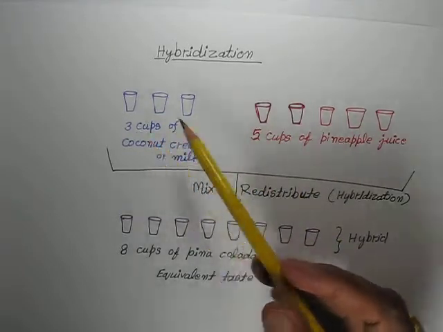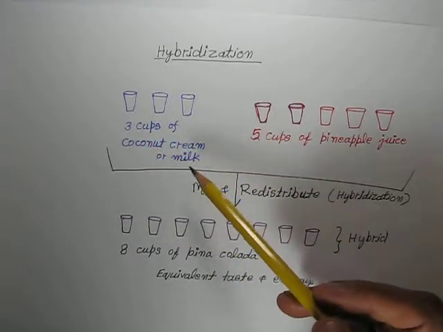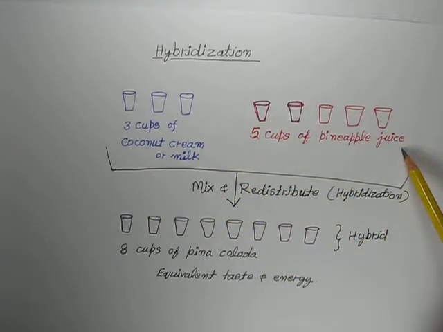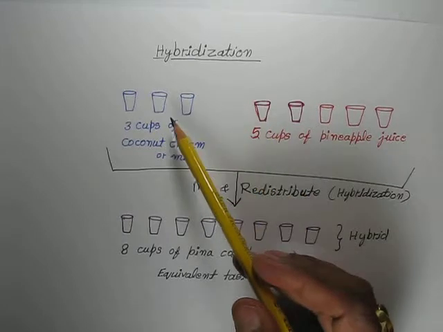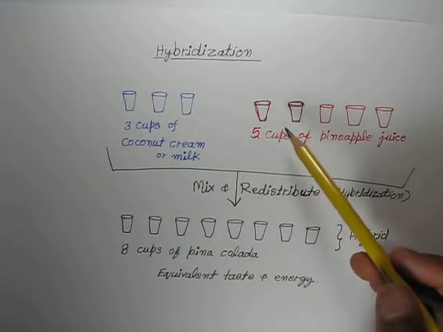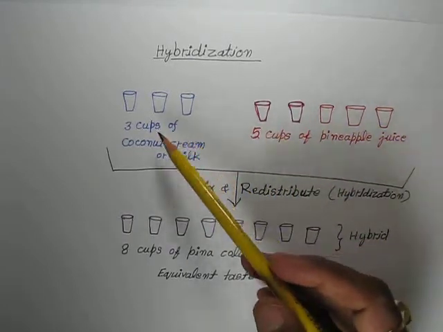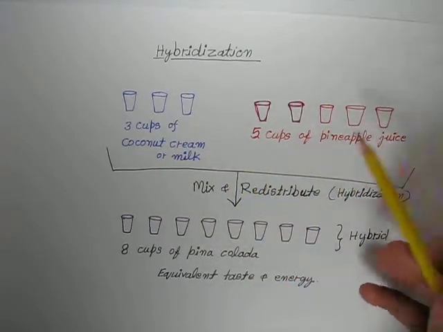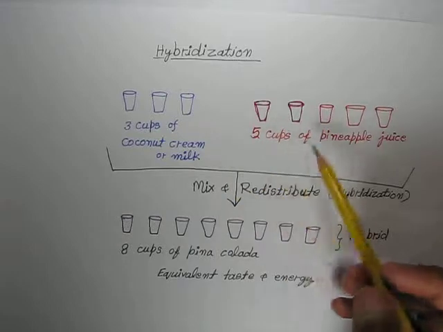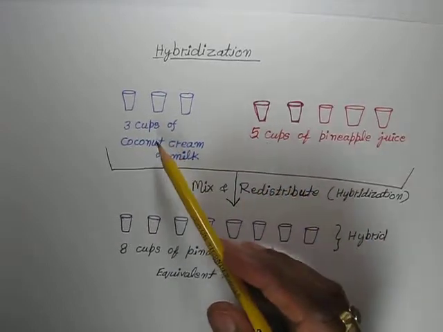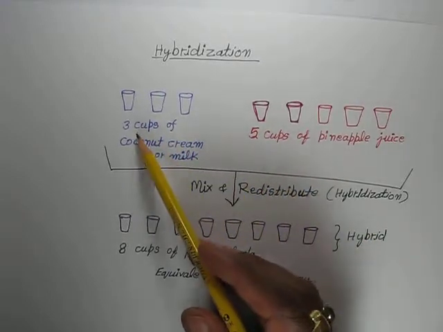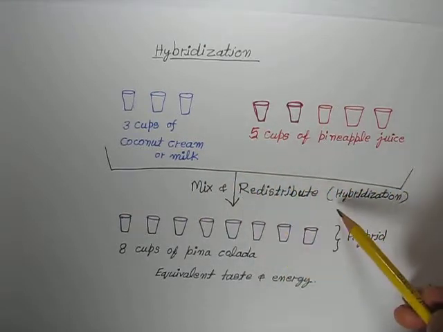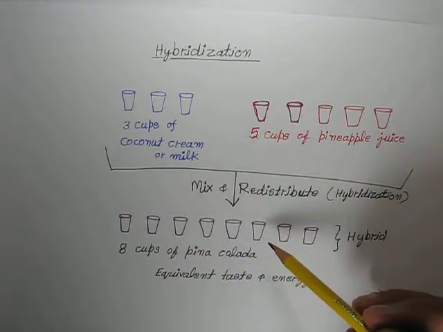Suppose you have 3 cups of coconut milk or coconut cream and 5 cups of pineapple juice, and you want to give it to your friends, but you want to make them equivalent. What you can do is mix these all together, all 8 cups, 3 cups of coconut and 5 cups of pineapple, and redistribute the 8 cups again.